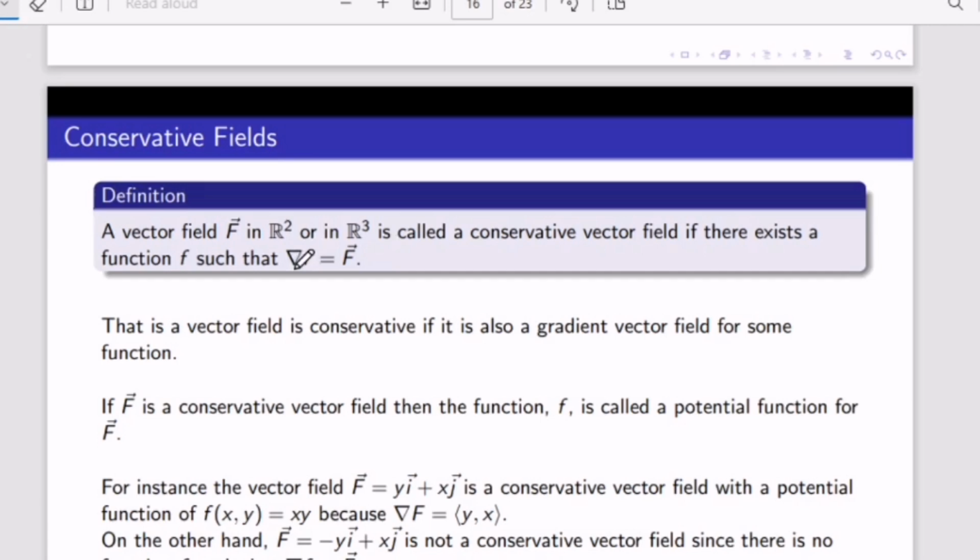That is, a vector field is conservative if it is also a gradient vector field for some function.